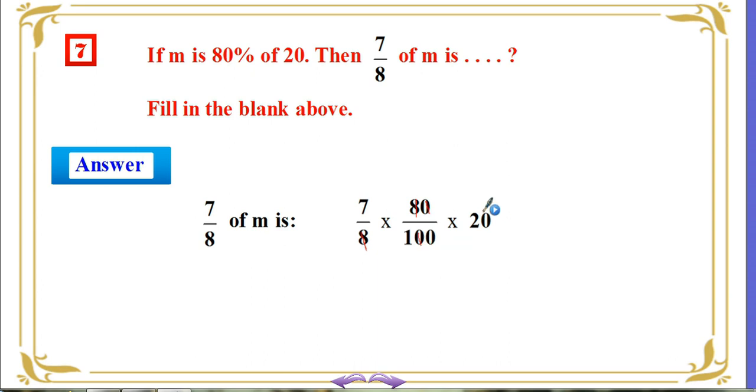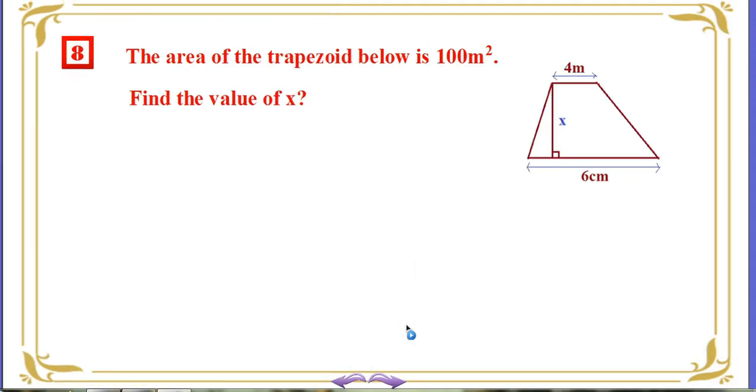And here also a 0 of the 20 in the numerator and the remaining 0 of the 100 in the denominator. The final result is 7 times 2 equals 14. So the number that is filled in the place is 14. We finish exercise number 7 and move on to exercise number 8.